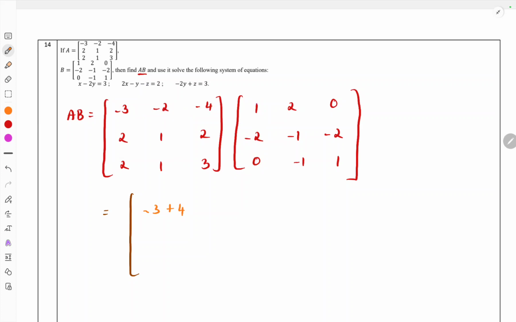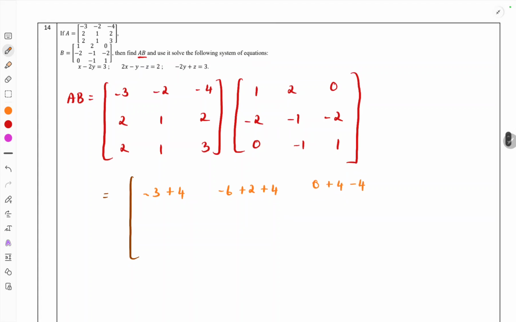Next first row with second column: minus 3 into 2 is minus 6, minus 2 into minus 1 is plus 2, minus 4 into minus 1 is plus 4. Next first row with third column: 0, minus 2 into minus 2 is plus 4, so it will be minus 4 here.